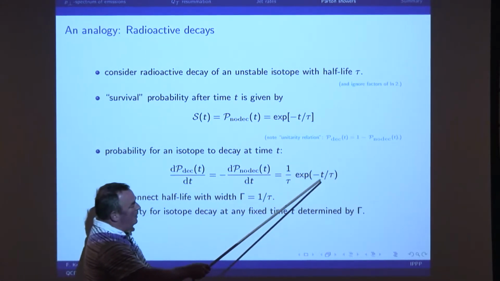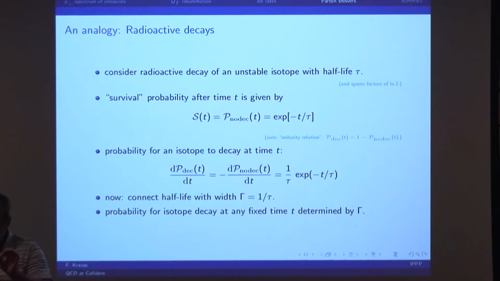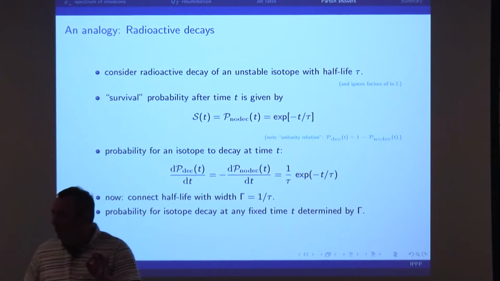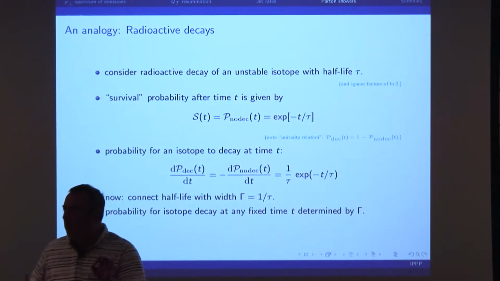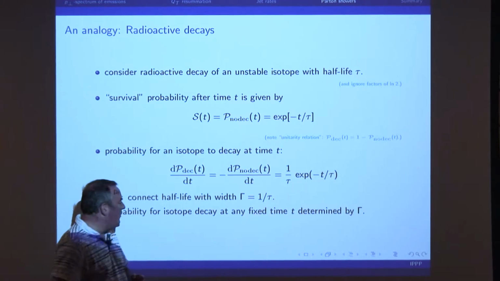And you get this exponential of minus t over tau. Why do you get this? You get it because for the isotope to decay at time t, it cannot have decayed before. And you have to account for that.